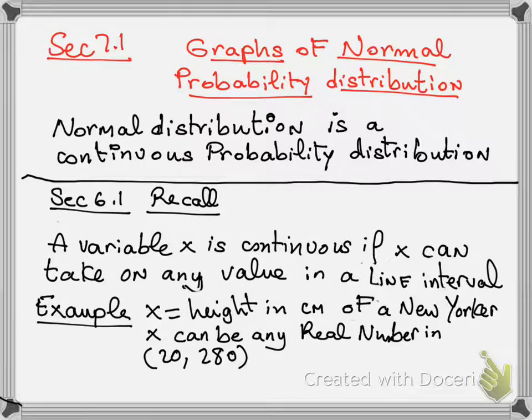So x can be any real number between 20 and 280. It could be 30, 40, or also it could be 30.5 or 30.51. It can be any real number. So in this case, x is continuous.